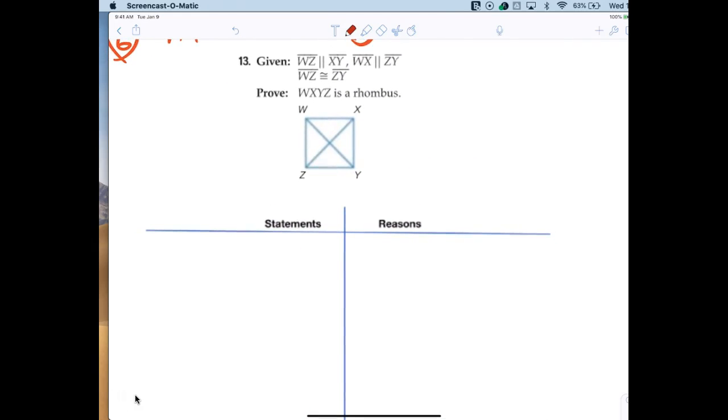All right, let's see if we can do this proof. WZ is parallel to XY. WX is parallel to ZY. And then WZ is congruent to ZY, right?